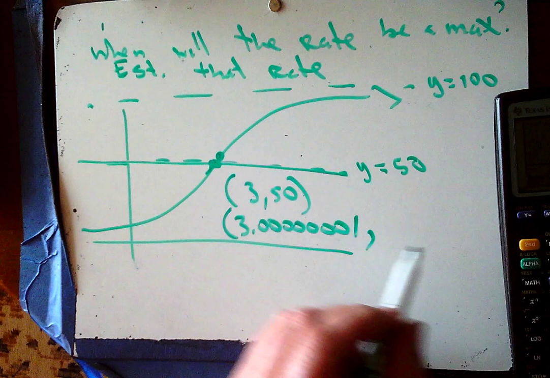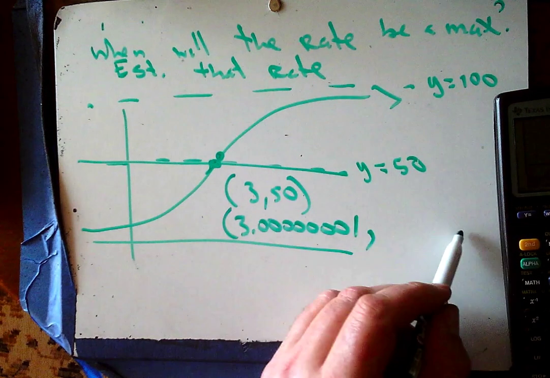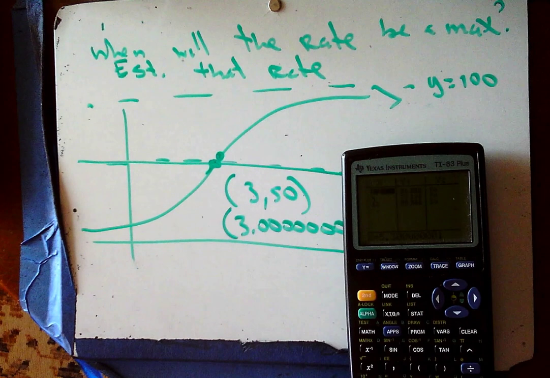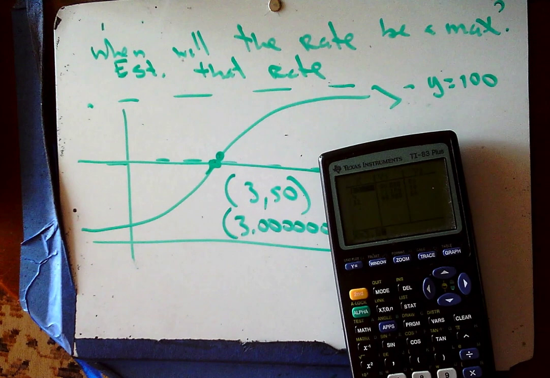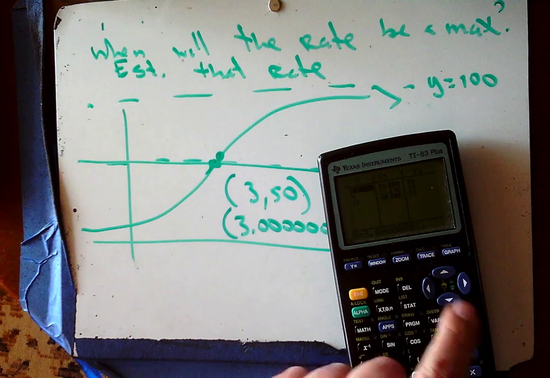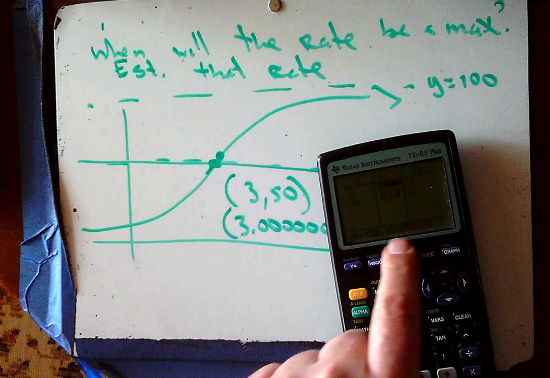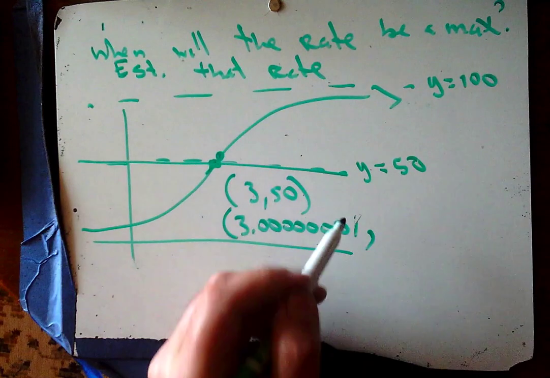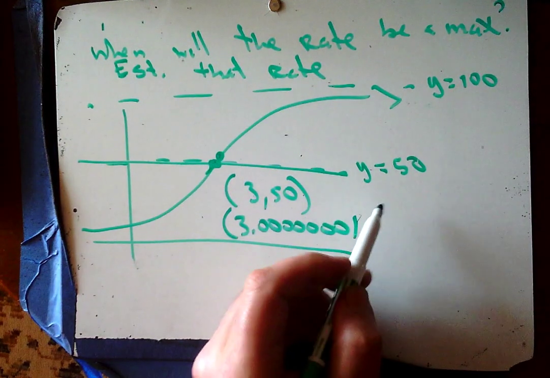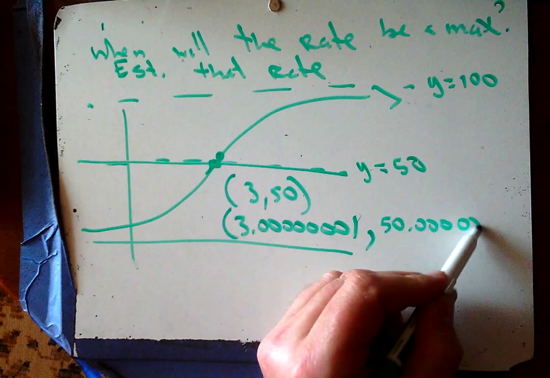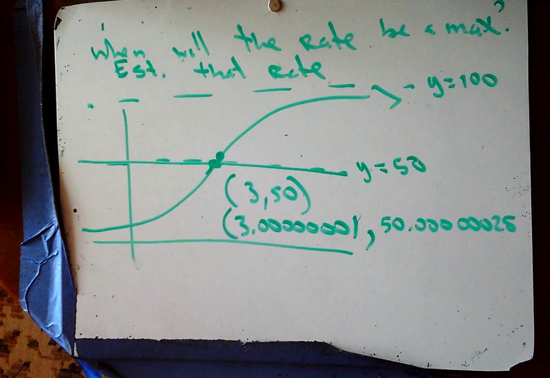3.0000001. Now I can't make up the y value. I have to actually go over to the table and plug in 3.0000001. I have to type that number in, go back over onto it, because then I'll see that when this is a 1, this is 50.0000025, right?